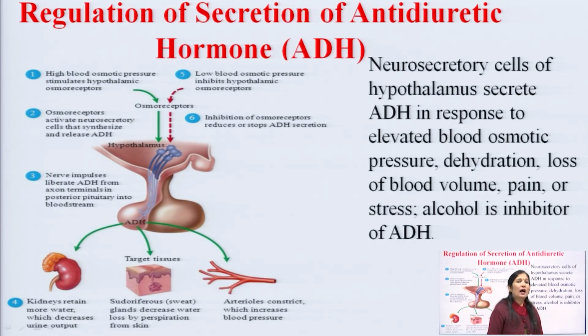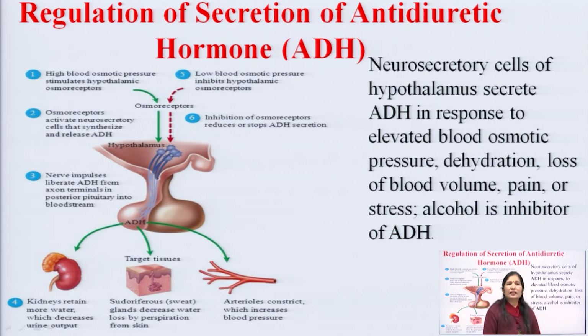Next is how secretion of antidiuretic hormone is controlled. Whenever there is dehydration, whenever there is low blood volume, the body will conserve water to compensate, a regulatory mechanism will activate to conserve water. So, in this antidiuretic hormone plays a very important role.